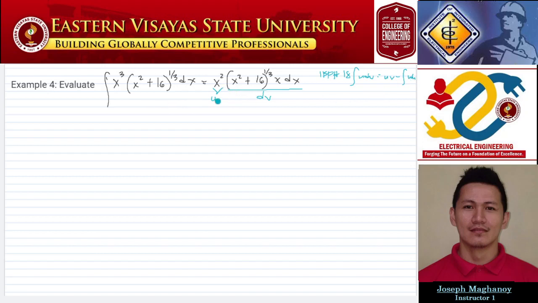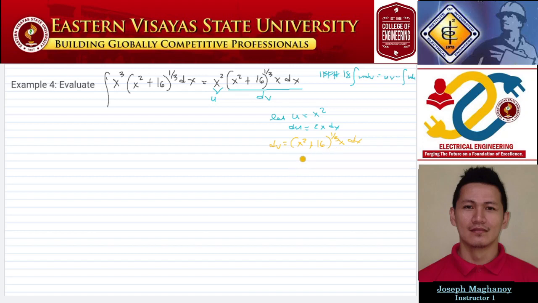Okay, let's start with our first term. So we let u equal to x squared. So if we get our du, that is 2x dx. So for our dv, that is (x squared plus 16) to the 1/3 times x dx. Here, we can determine our correction factor to integrate this function.